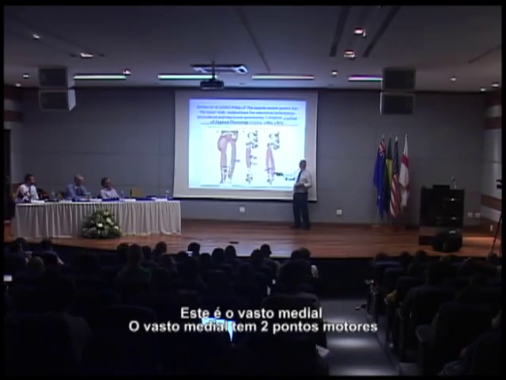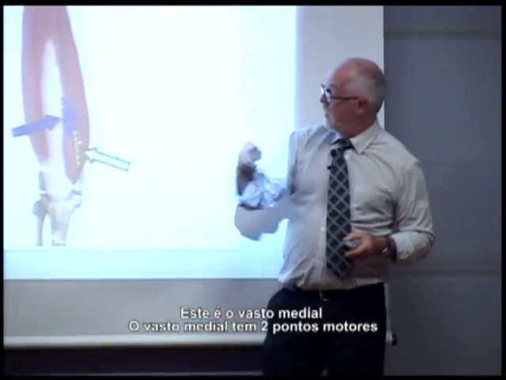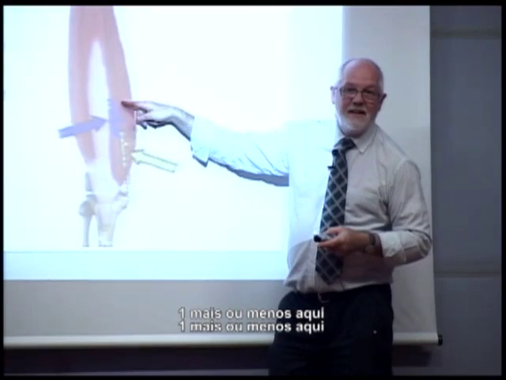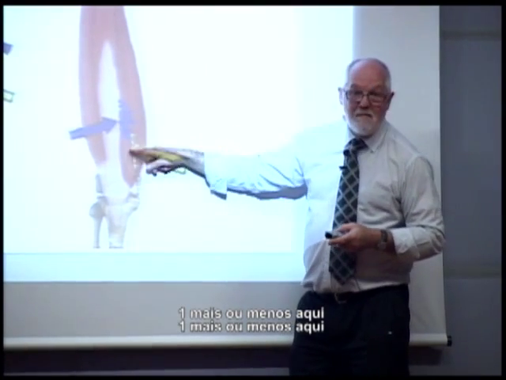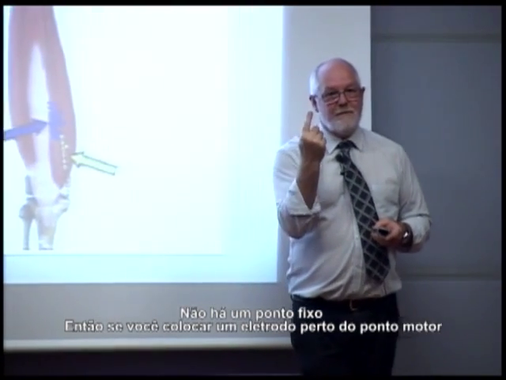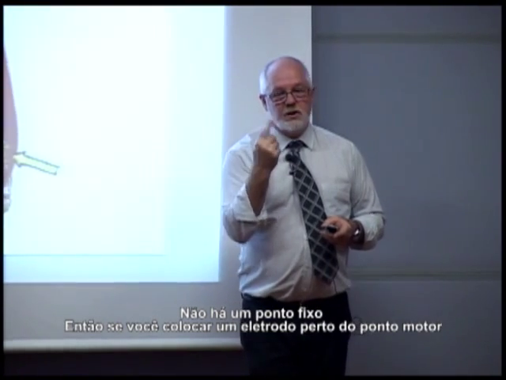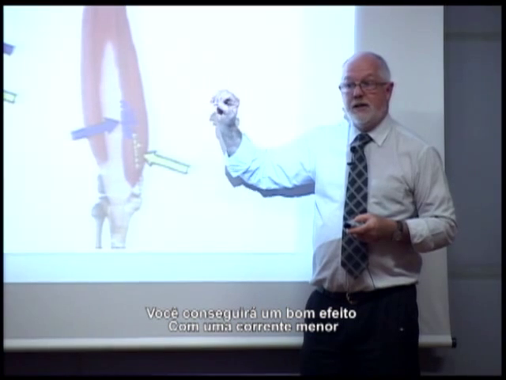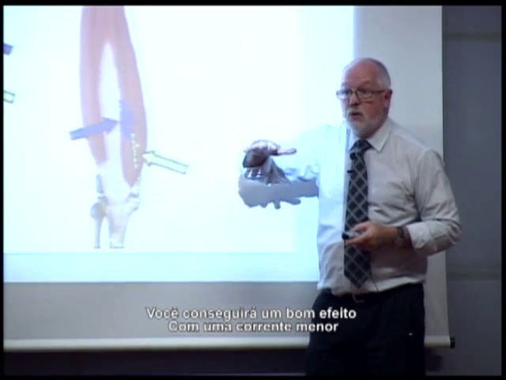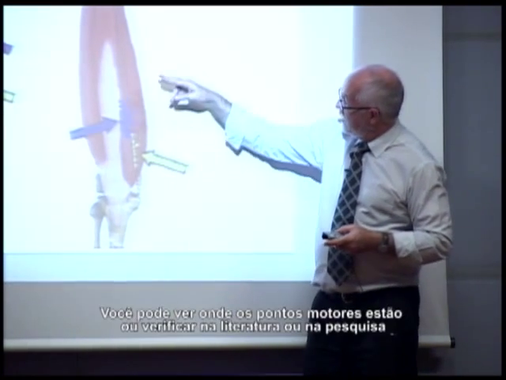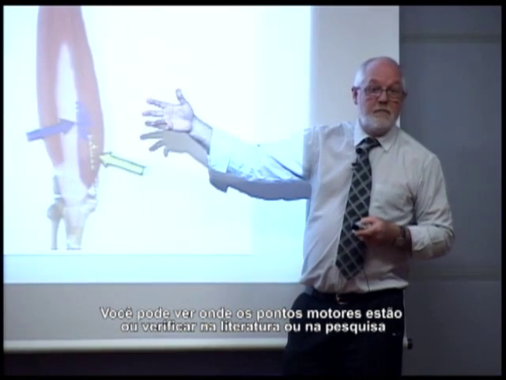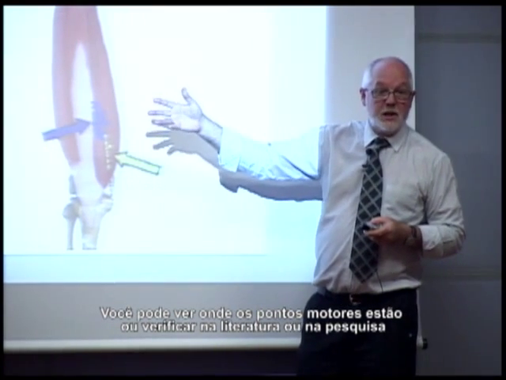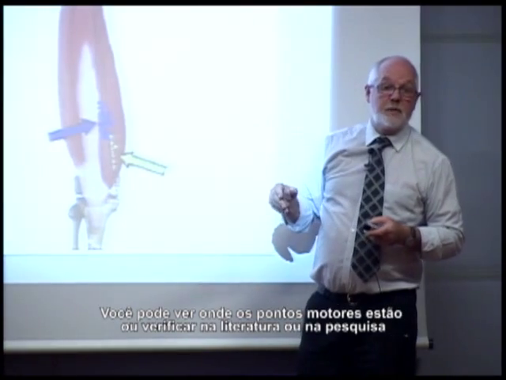So vastus medialis has got two motor points, one about here and one about here. There's not one fixed point. So if you can get an electrode near the motor point, you will get a good effect with a smaller current. So you can either look the motor points up, or check them in the textbook, or check them in the research papers.